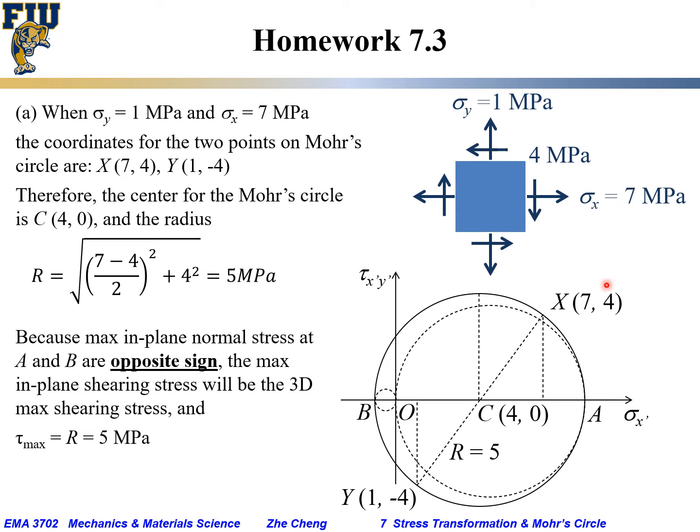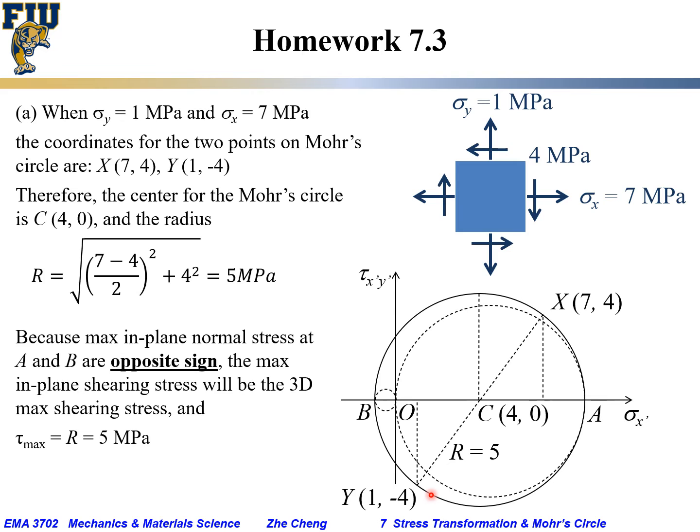For x, it will be 7, comma, the 4 shearing stress is trying to rotate it clockwise, so positive 4. For the y, we would have 1, comma, the shearing stress is trying to rotate it counterclockwise for this one, so it will be -4 for the sign convention for Mohr circle. So x and y, we know the coordinates.